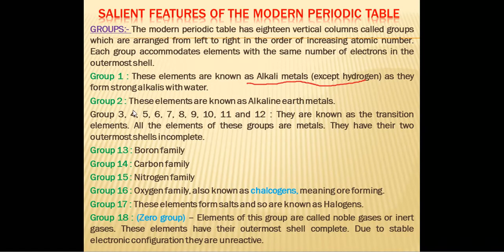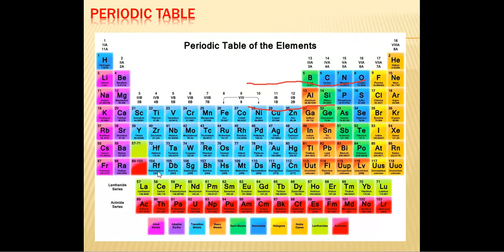Next, group number 2. Group number 2 elements are called alkaline earth metals. What are the elements which are present in group number 2? Beryllium, magnesium, calcium, strontium, barium, and radium. You have to remember at least 2 or 3 elements present in group number 1, like lithium, sodium, potassium.